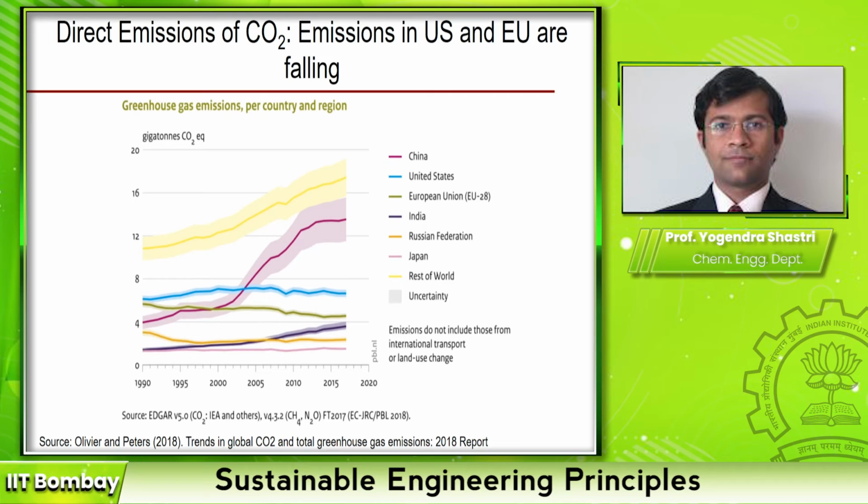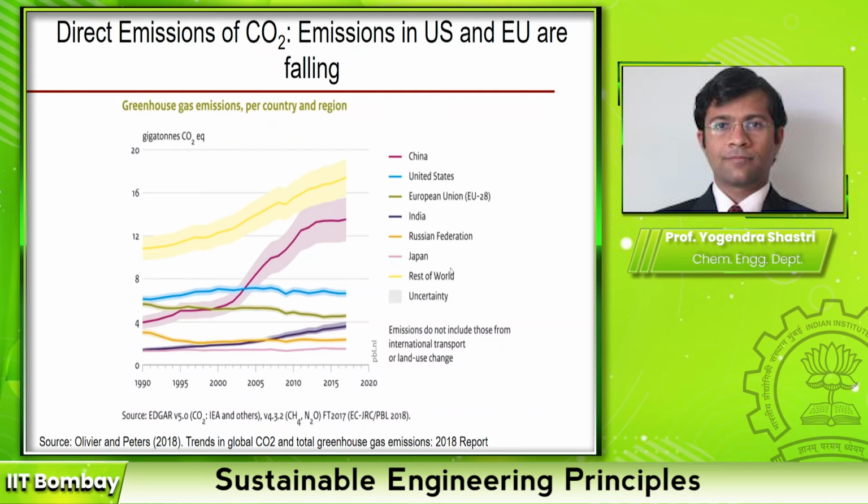This plot shows the direct emissions of carbon dioxide in various parts of the world. So there are plots pertaining to countries like China, India, United States, Japan, and so on.